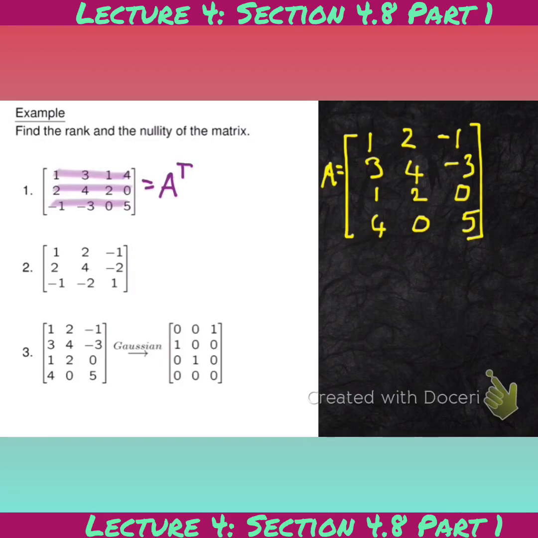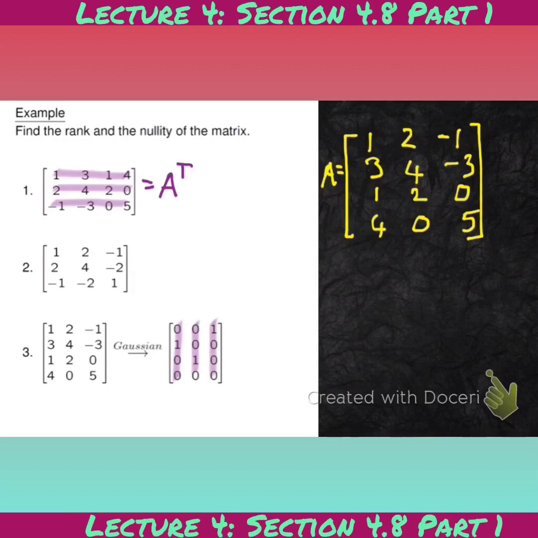And we're going to find a basis for the column space of the matrix A, because the column space, the space spanned by the column vectors of A, is the same as the space spanned by the row vectors of A's transpose. So we just want to find a basis for the column space of A. To do that, we already have the reduced row echelon form of A, which is that.